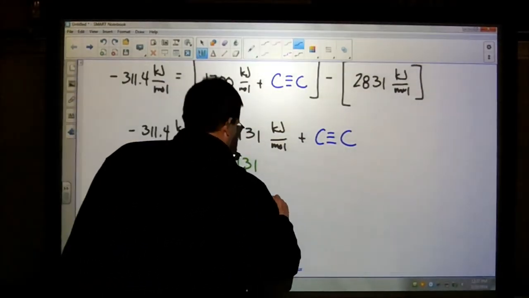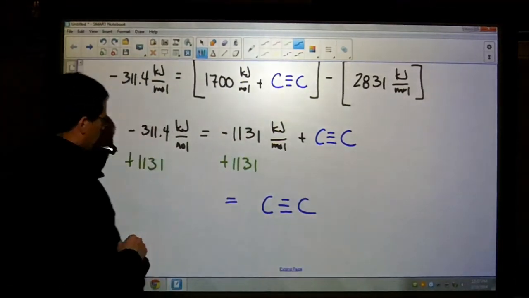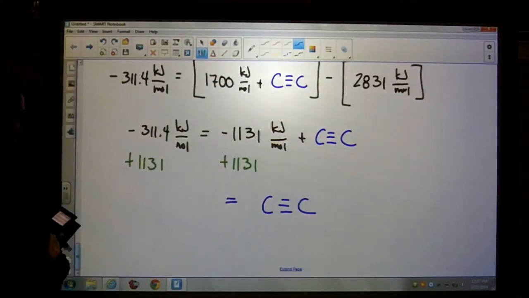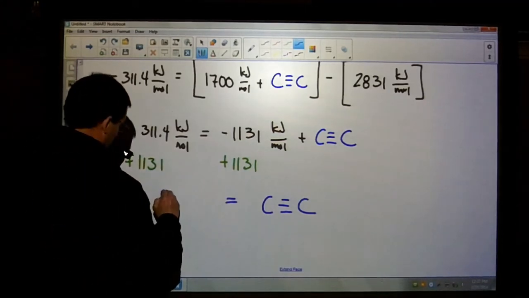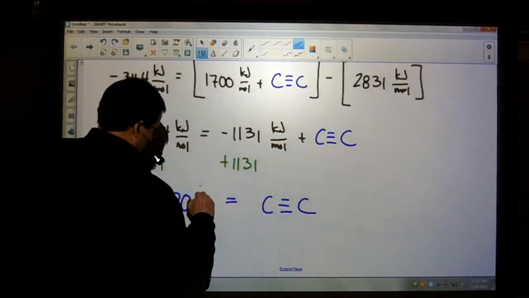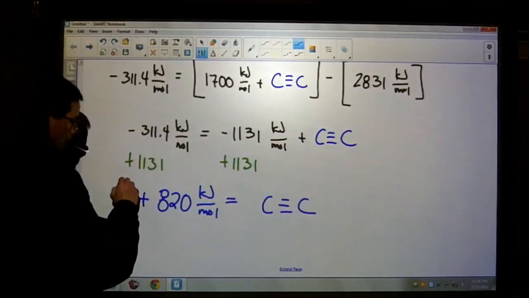And then our carbon-carbon triple bond is equal to a positive, looks like, positive 820 kilojoules per mole.